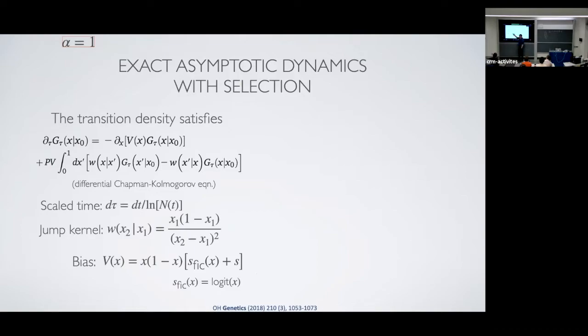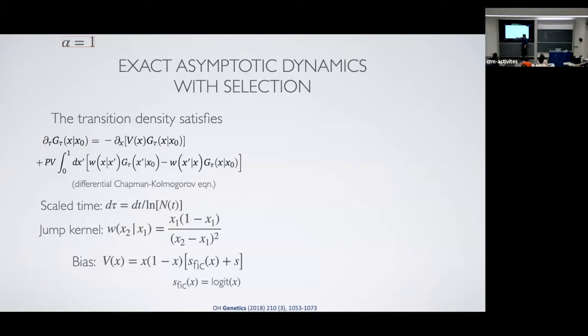So we take here now measure time in units of the coalescence time, so that log n, we can send log n to infinity. And this transition density is controlled by two terms. The first term is exactly the bias that I've just introduced. So here you have the bias, which is characteristic for selection.